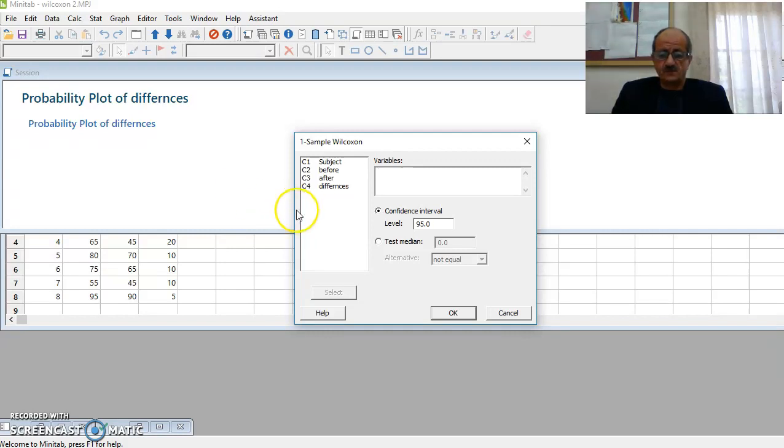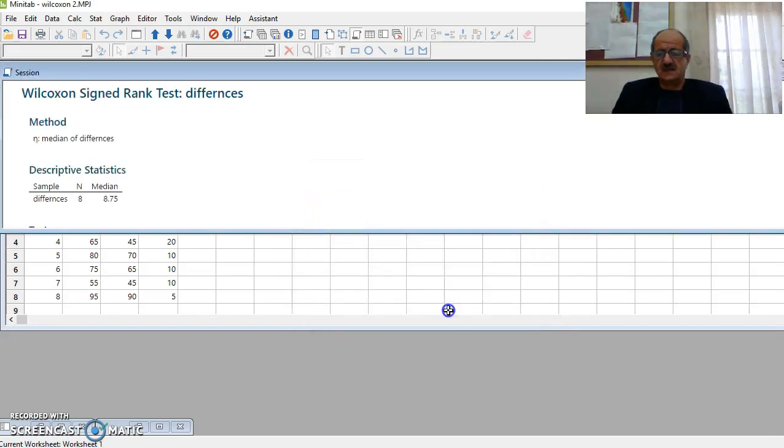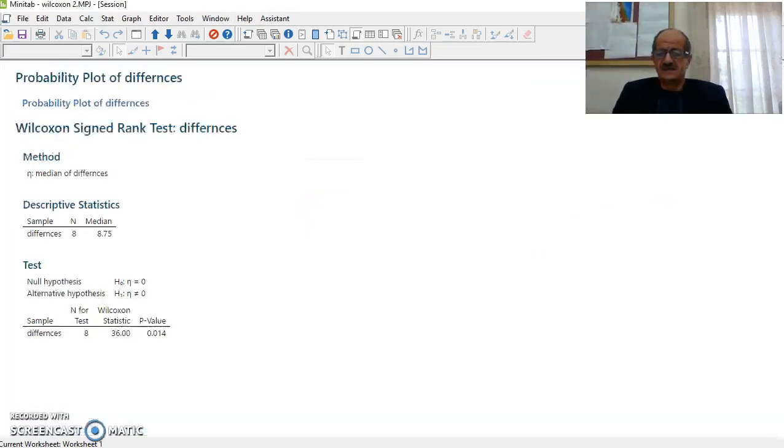Okay. Again, our variable is the differences. Test median. Okay. Here are our results. Again, the null hypothesis, the alternative hypothesis, and the p-value indicated a significant difference between the two groups, since the p-value is less than 0.05, at 0.014.